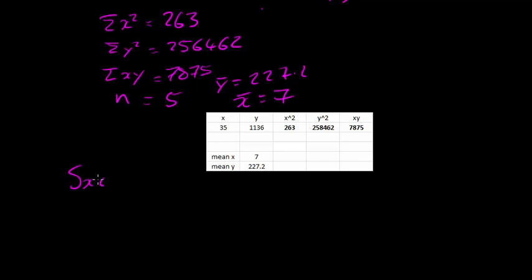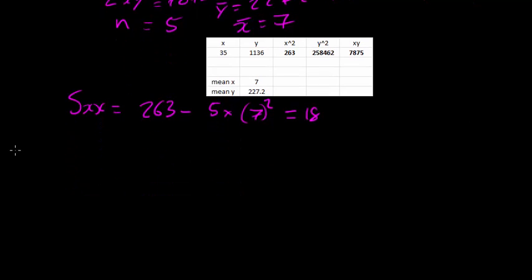Sxx equals, so it's sigma x squared, which is 263, minus n, so 5, times my mean of x, which is 7, squared. Now, you can work these out individually if you want, and so Sxx actually comes out to be 18. Then I'm going to do Syy, and again I'm just taking the numbers from the table that we've got there.